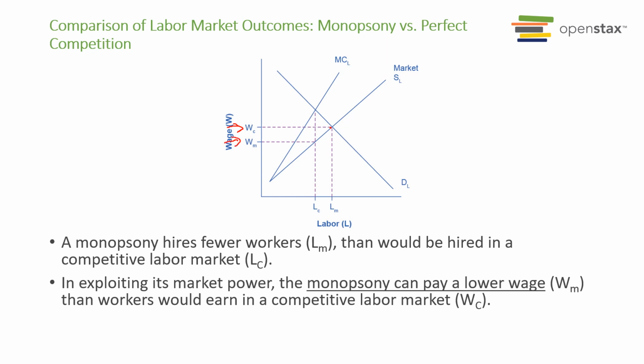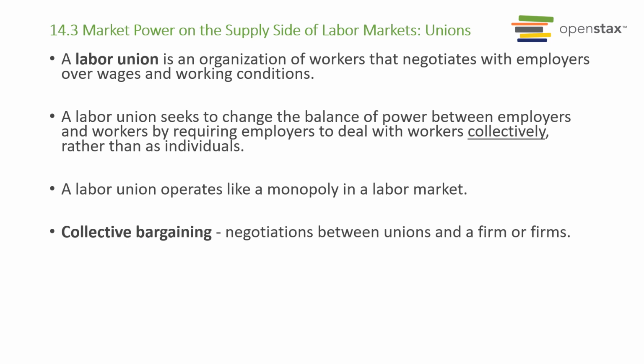So that's where the market power comes in. A monopoly can pay workers a lower wage because workers have no choice but to work for this one company. So a company with some market power can pay a lower wage and also keep a bigger share of the market profit.